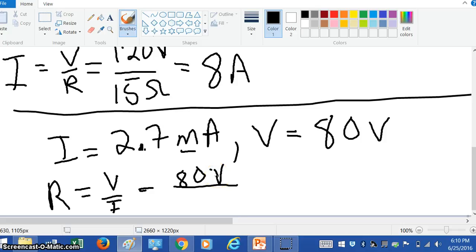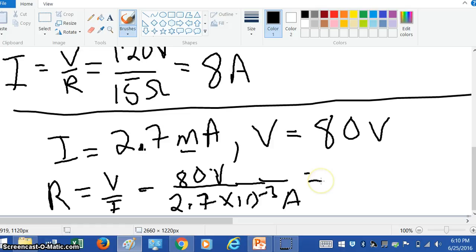So 2.7, and can you guess what the milli is? Times 10 to the minus third. Times 10 to the minus third. Okay, and of course that's amps. And volts divided by amps gives us ohms.